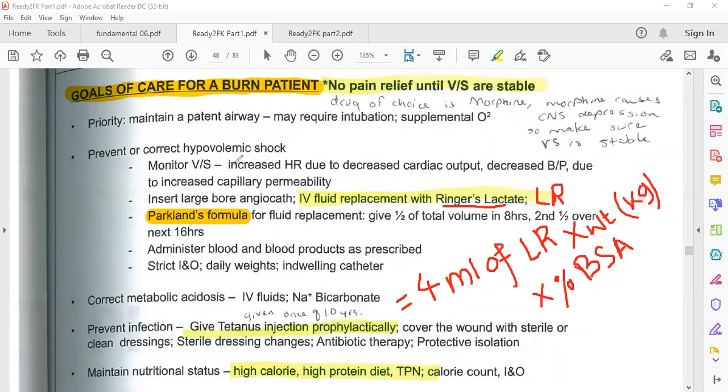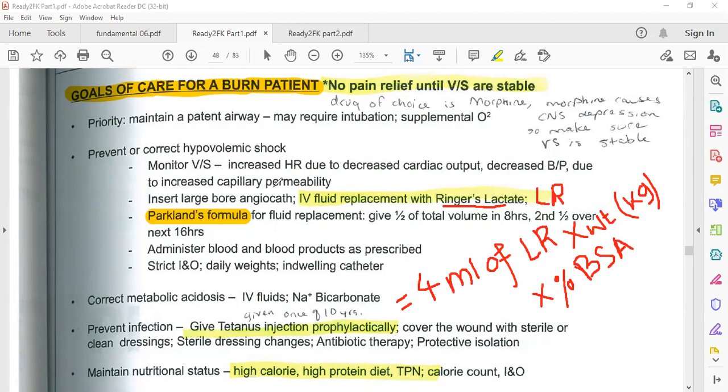First of all, monitor the vital signs, like increased heart rate due to decreased cardiac output, decreased blood pressure, hypotension due to increased permeability. What else? Also, decreased urine output.